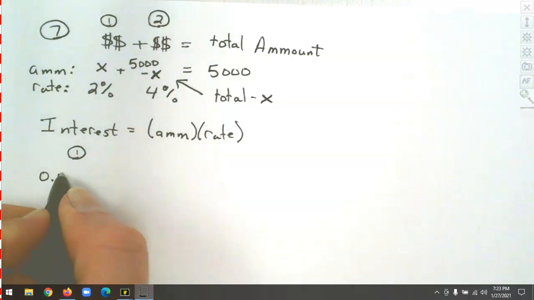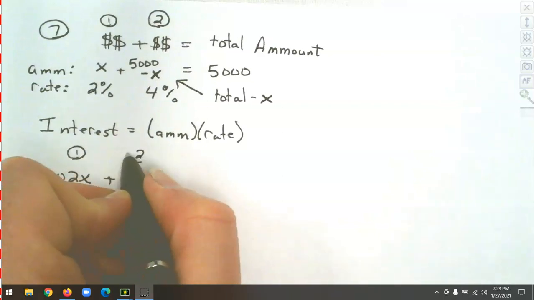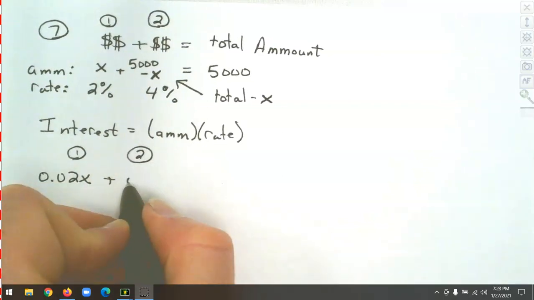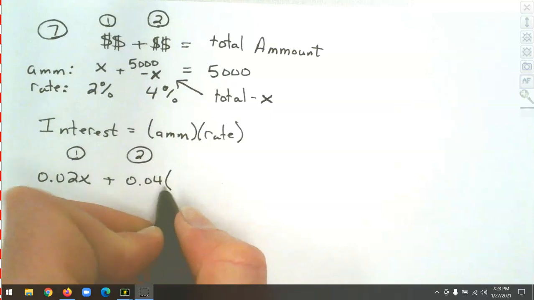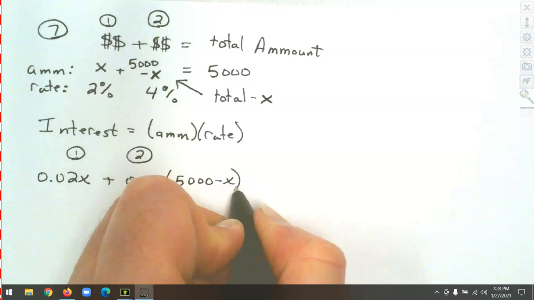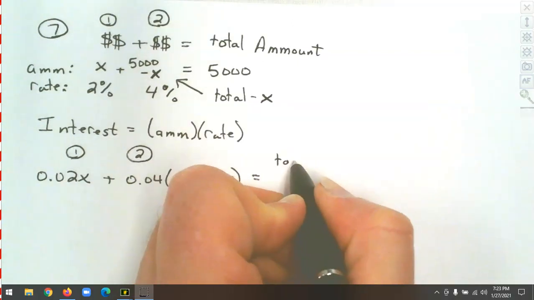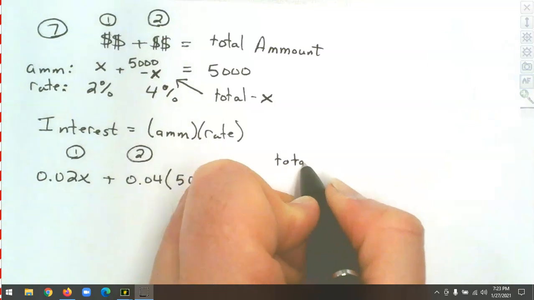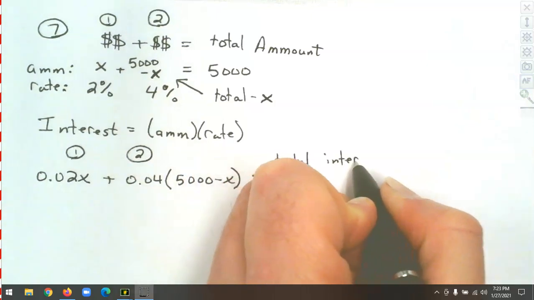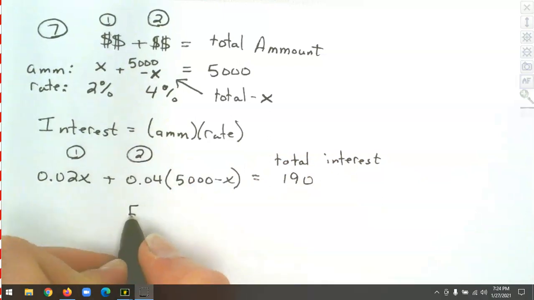So that's 0.02X. Then we've got 4%. That's 0.04 times 5,000 minus X. And it equals, not $5,000, we want our total interest, which is $190. And you should be able to finish it from here.